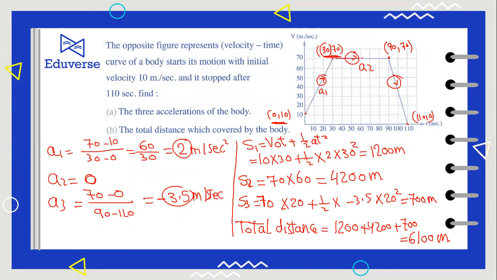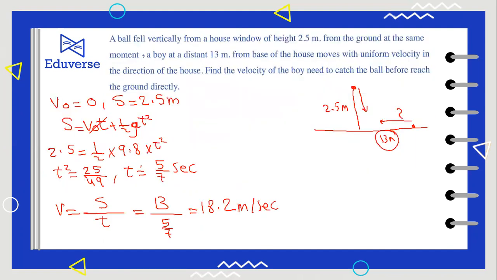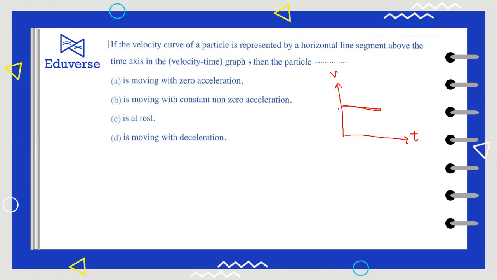Here, the horizontal line means acceleration is 0. No acceleration, because the body is moving with uniform motion. Then I will choose number A, moving with 0 acceleration. Okay.